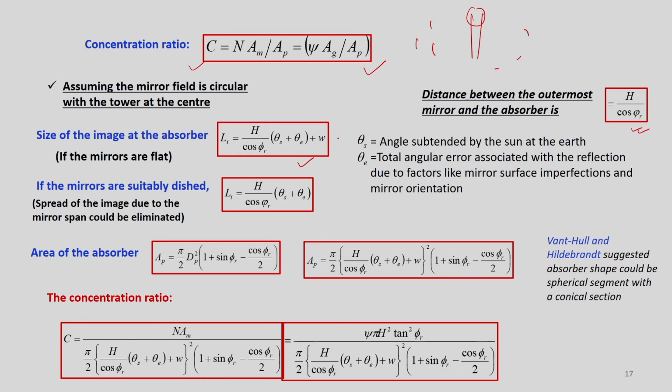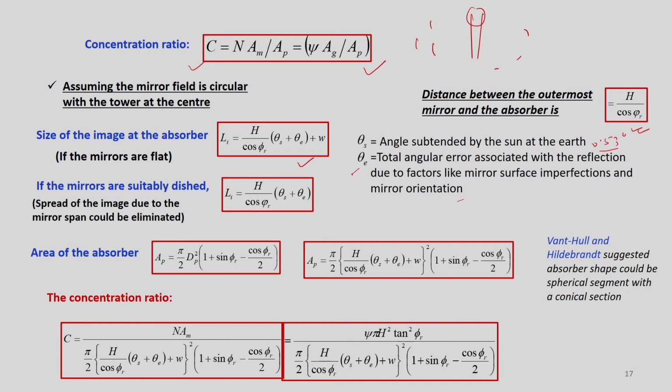This theta s is the angle subtended by the sun at the earth, which is always fixed, about 0.53 degree. And this theta e is the total angular error associated with the reflection due to factors like mirror surface imperfections and mirror orientation.